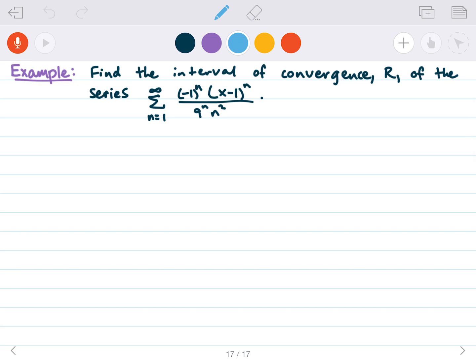Okay, let's do an example here. So here it's asking for the interval of convergence.